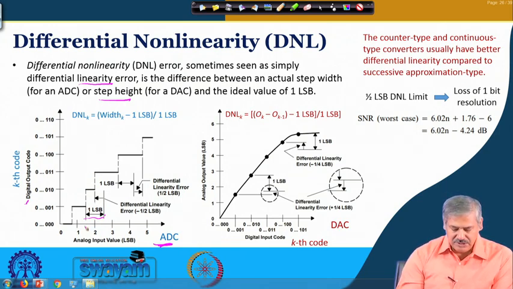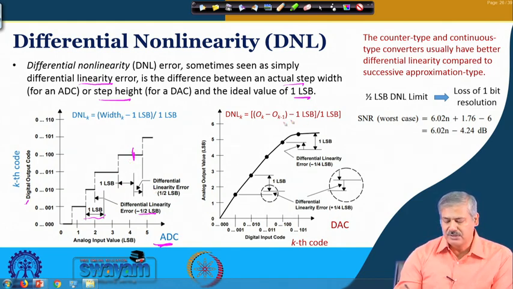So, this error is, as you can see here, minus half LSB. If you note the difference of the actual step and what 1 LSB would have given you, in this case it should have been over here, but it has gone beyond that, so this is plus half LSB.